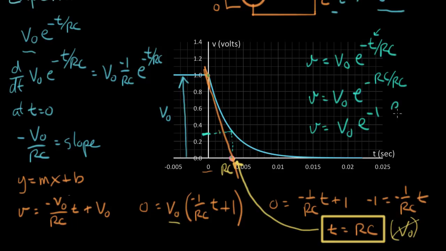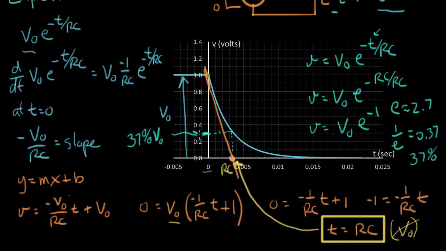Now the value of e is roughly equal to 2.7, and the value of 1 over e is roughly equal to 0.37, or another way I could say that is 37%. So in the end, this voltage right here is about 37% of V naught.